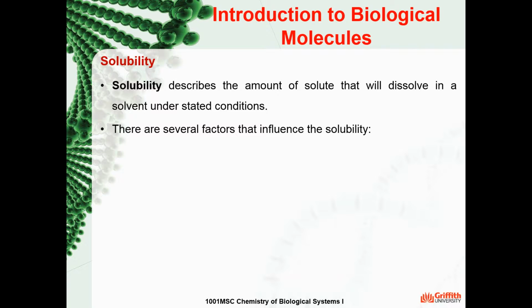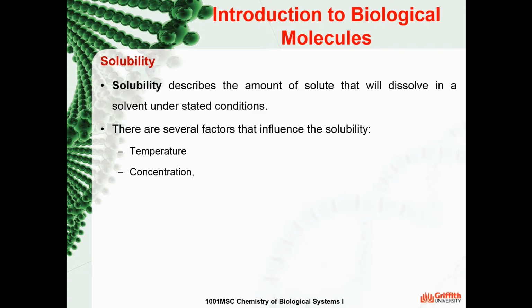There are several factors that influence the solubility. To study those, we will look at the example of preparing a cup of instant coffee. The first factor is temperature. If you try to dissolve instant coffee in cold water, it will take more time to dissolve compared to using hot water. The second factor is concentration.